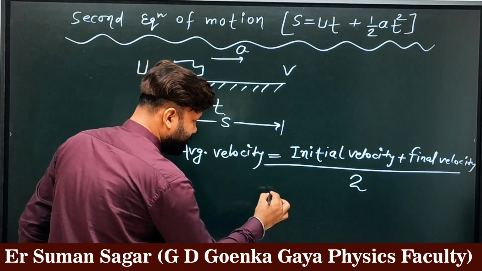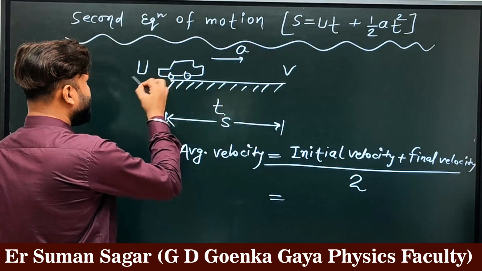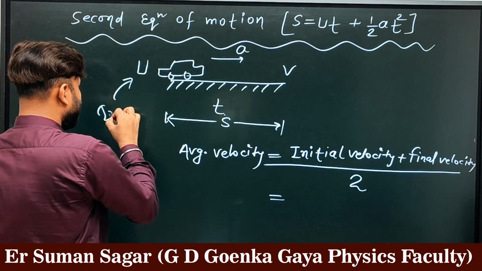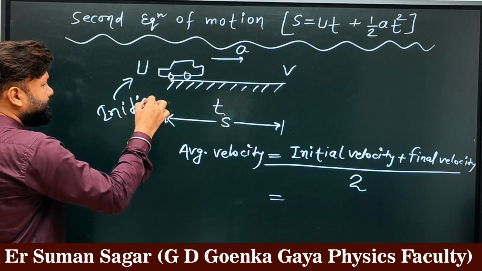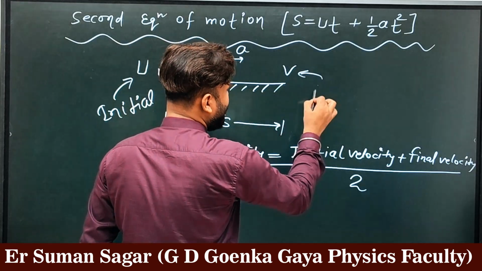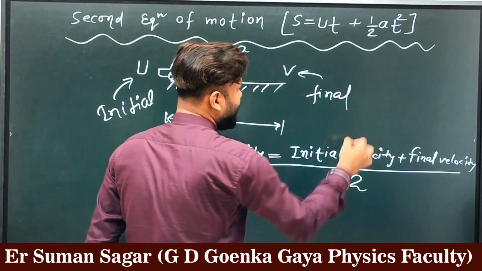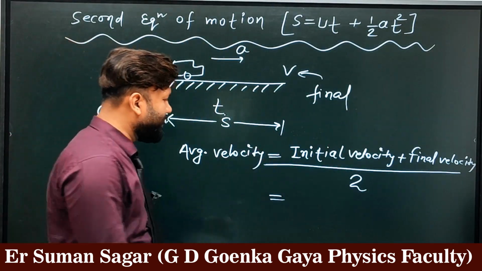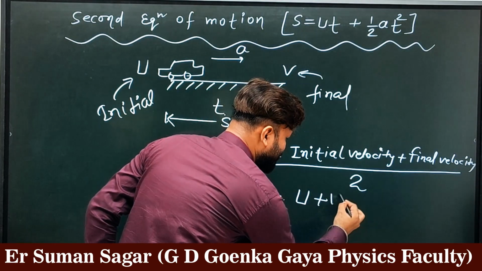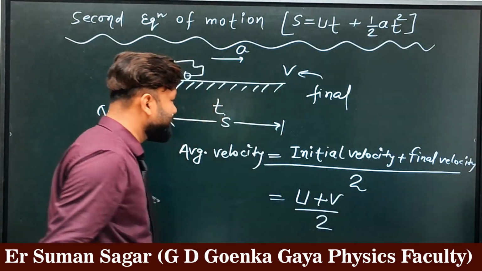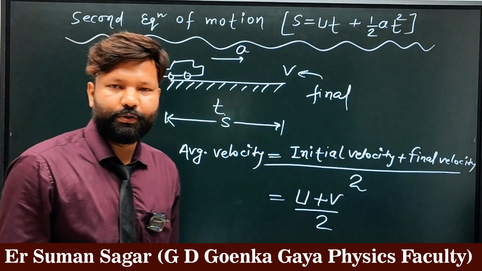So we can write initial velocity denoted by u. This is the initial velocity, students, and this is the final velocity. So initial velocity, that is u, final velocity, that is v. So this is the average velocity: u plus v by 2.